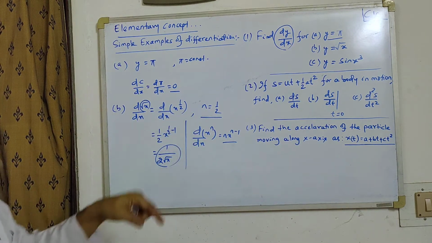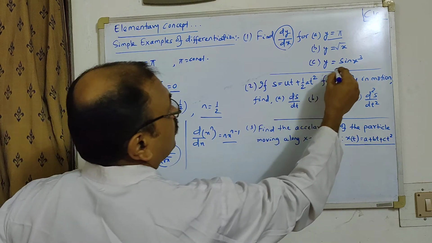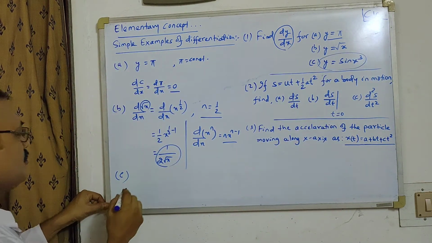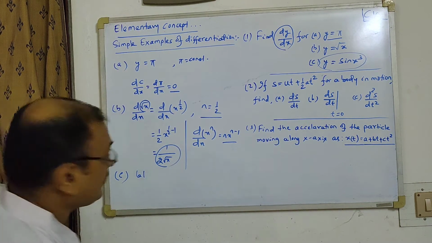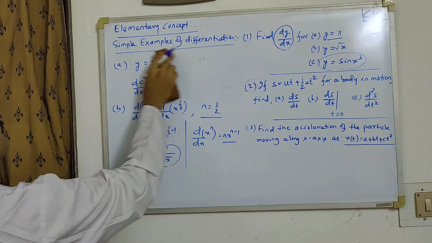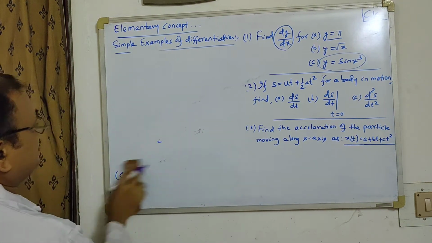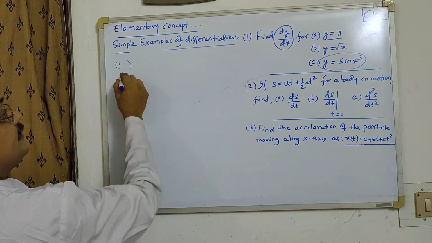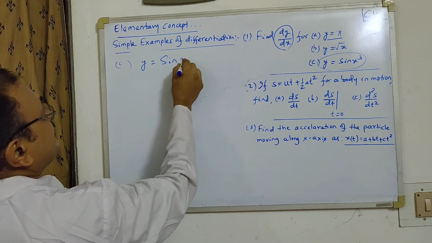And the third one is the differentiation of y is equal to sine x cube. So here we can do one thing: y is equal to sine of x cube.